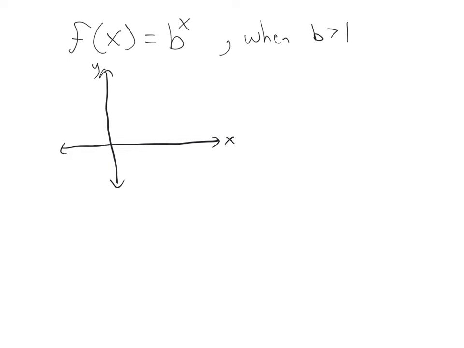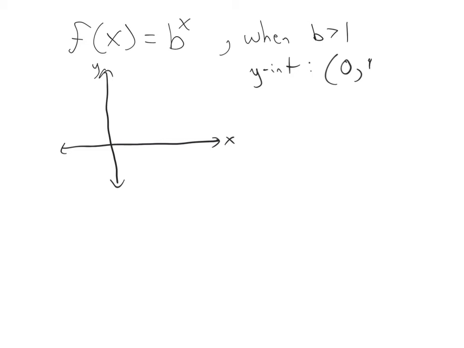So some things to jot down. Our y-intercept: notice I don't have a number per se that I'm going to plug in for b. So it's just b to the x. But for our y-intercept, we know our x value is 0. So what happens when you plug in 0 for our x value? Well, we know our b value is greater than 1, and anything raised to the power of 0, we know is good.